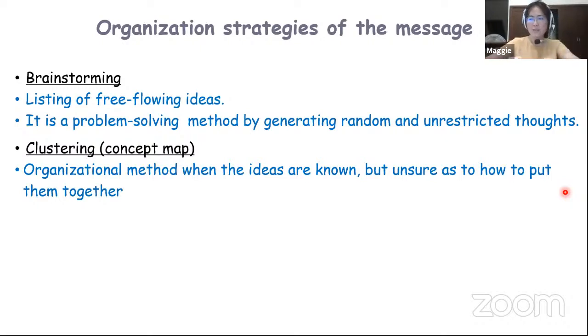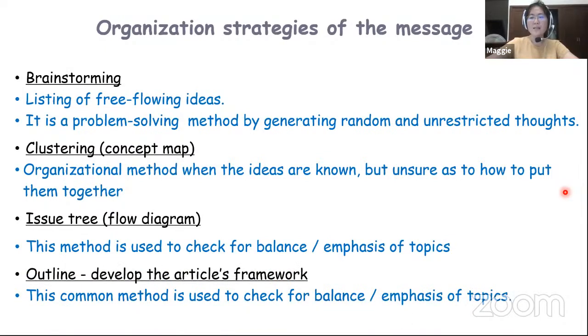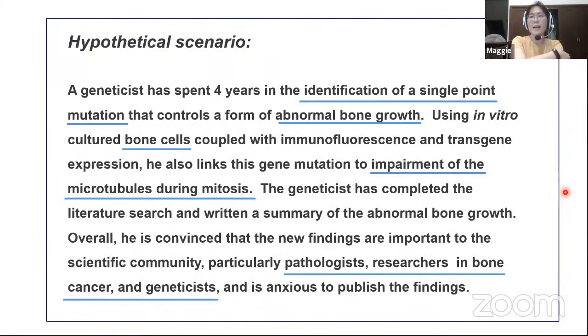It is used when the ideas are known, but you are unsure how to put them together. And next is the issue tree, also called the flow diagram. This method is used to check for balance or emphasis of the topics. The last one is the outline, which develops the article's framework. This common method is used to check for balance or emphasis of topics. So I will introduce each of the methods one by one.